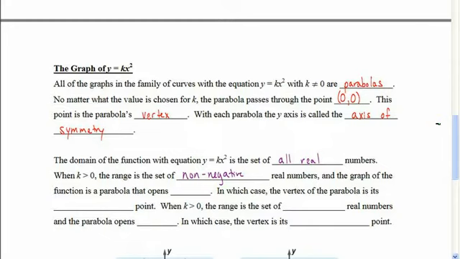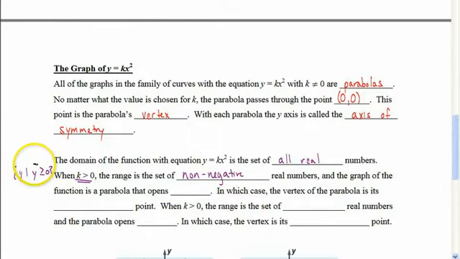Or another way to look at that is the set of y's where y is greater than or equal to 0. The reason why we say non-negative is because it includes 0, and 0 is neither positive nor negative. So if you just said the range was all the positive real numbers, that would actually be wrong because you'd be leaving out 0. So that's why it's important to say that it's a set of non-negative real numbers, or an easier way to write it is just as I have over here.